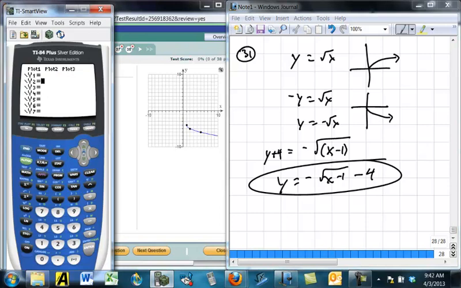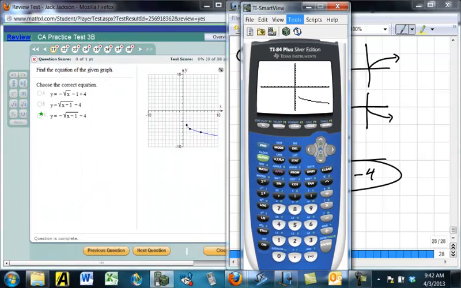But let's double check it by putting it in the calculator. Negative square root of x minus 1, close the square root, and then minus 4. And let's graph that, and hopefully that looks the same. And you could double check a few points.